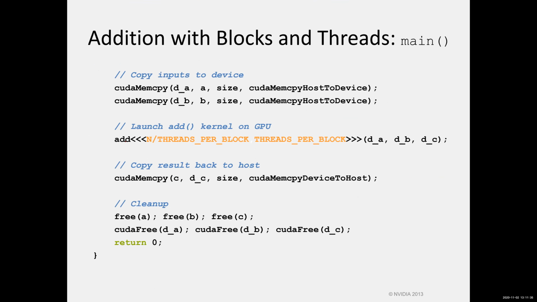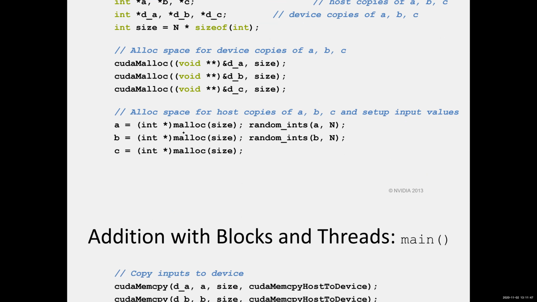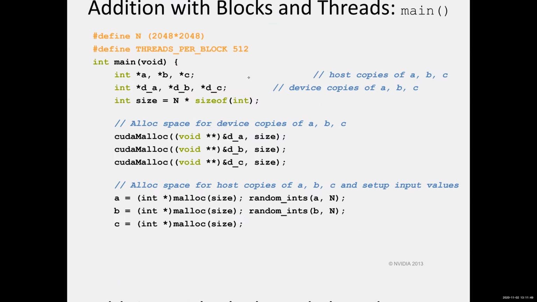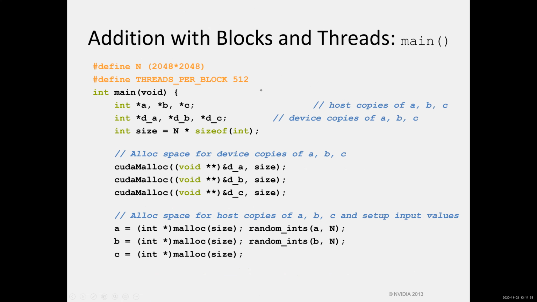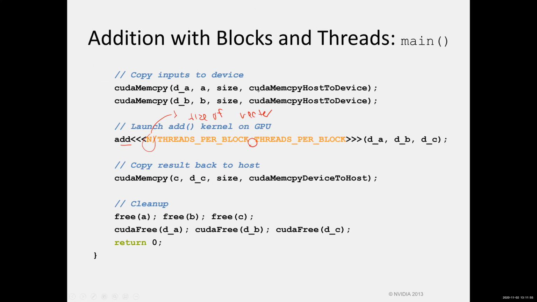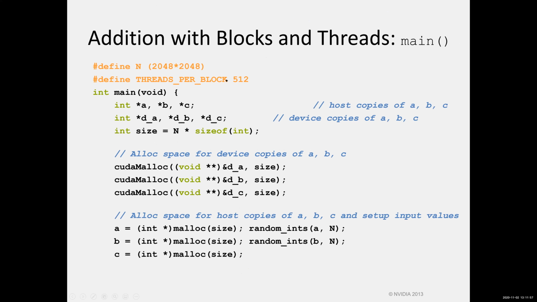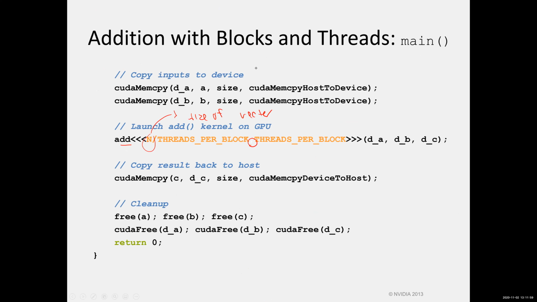So inside here, when I call the add function, I can put a comma here. The n is the size of the vector. I can define how many threads per block. Let's say I want to specify 512 threads per block. This is also based on the CUDA specifications.